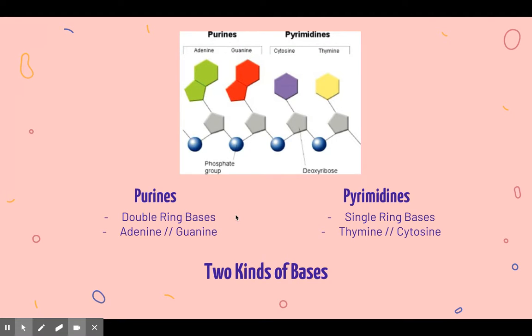The way that I remember this is that it pairs with the opposite. A purine is a shorter word, but it is a double ring. So if I'm looking for a purine, I automatically think 2 rings because it's the opposite. And a pyrimidine is a longer word, but it only has 1 ring. That might help you, maybe not, but a pyrimidine will only have 1 ring, purines 2 rings.